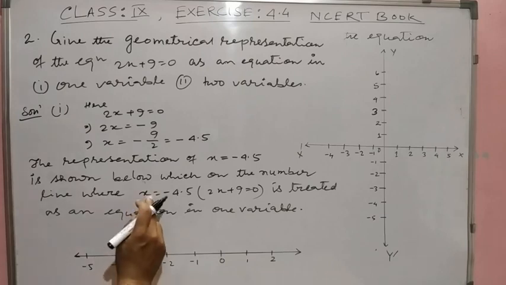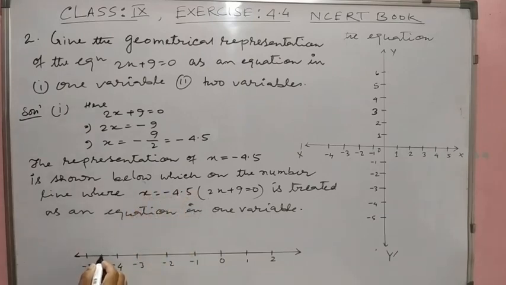So x equal to minus 4.5. So minus 4.5 definitely will be in here somewhere in middle. So this will represent x equal to minus 4.5.